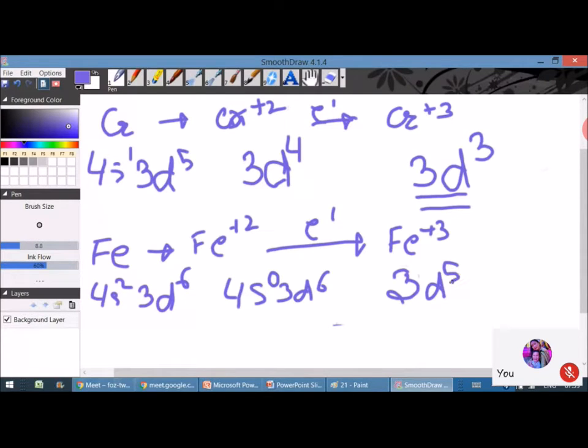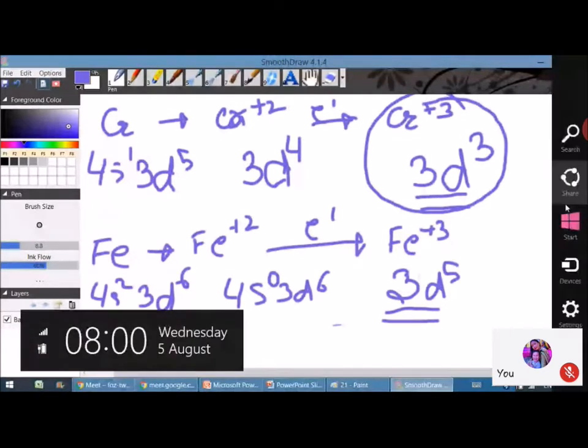So iron easily loses electrons, so iron is a stronger reducing agent? But here chromium is strongly reducing in nature because after losing 1 electron it has the d3 configuration, which is very stable.